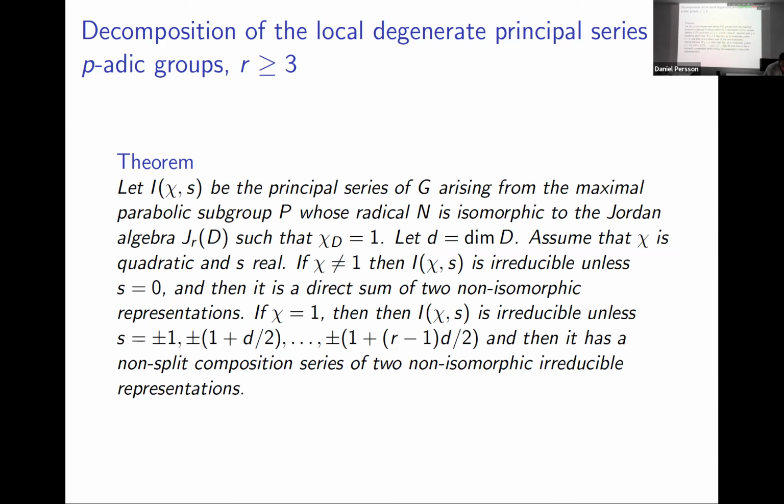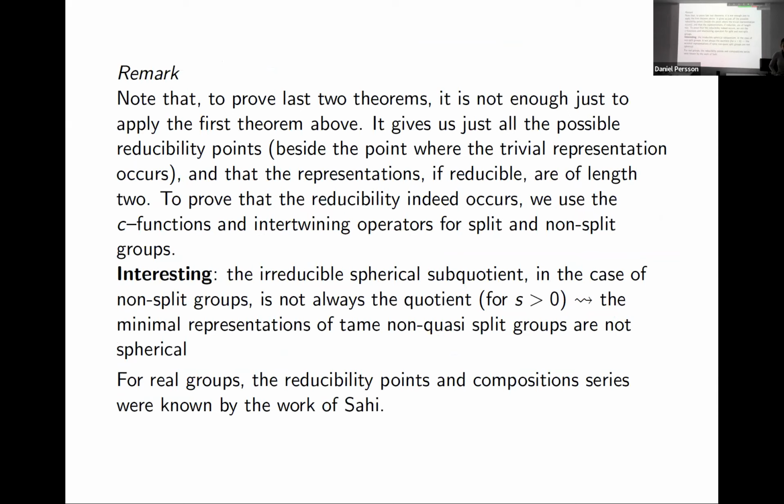And how these are actually all the points where you can have reducibility, and how to really prove that you have reducibility, is done using C functions and intertwining operators. You have all the candidates and you just prove that reducibility occurs. And when it occurs, it has to be of length two. Okay, this is Sahi's work here.